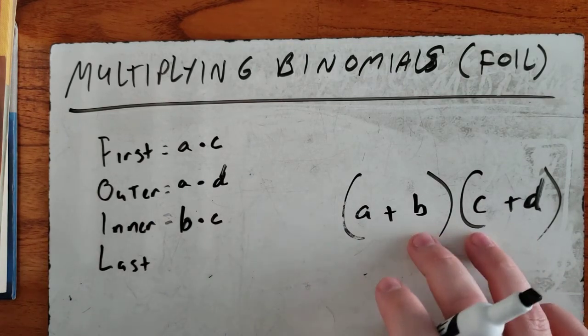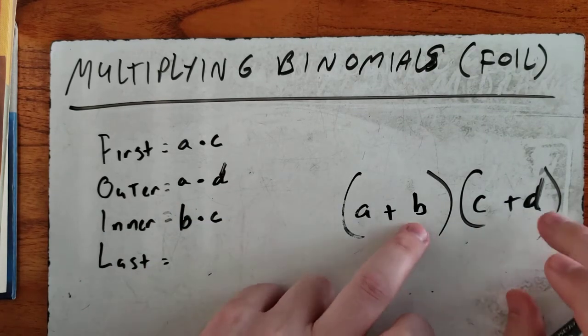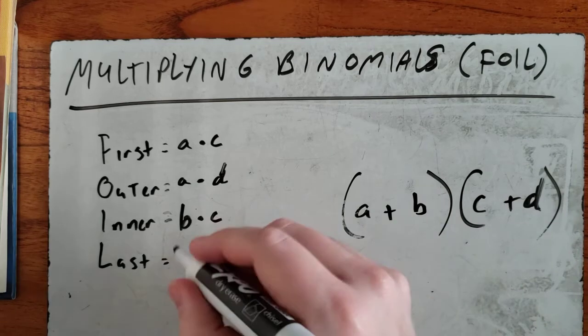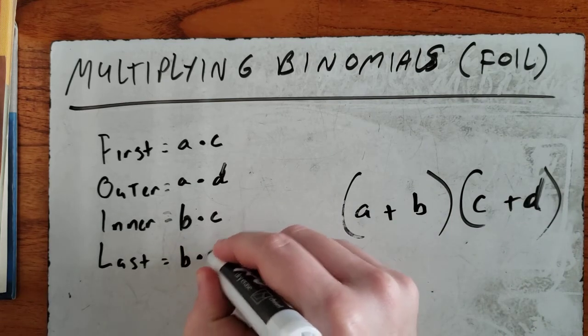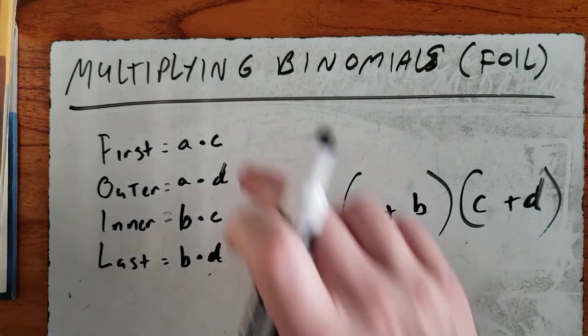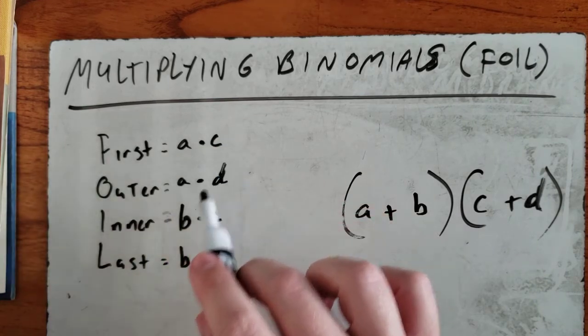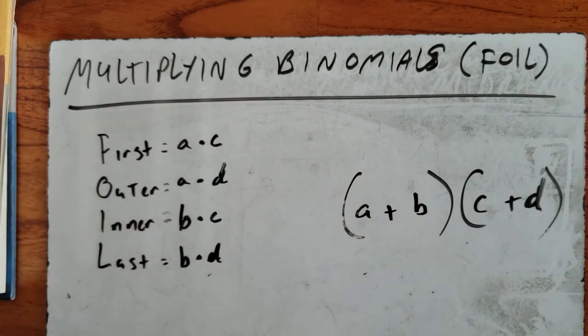So these are the two you're doing here. And then the last ones, your last, are of course the last terms in each binomial. In this case, B and D, okay? So this is what you're multiplying. This is what it looks like every time. A times C, A times D, B times C, B times D, okay?